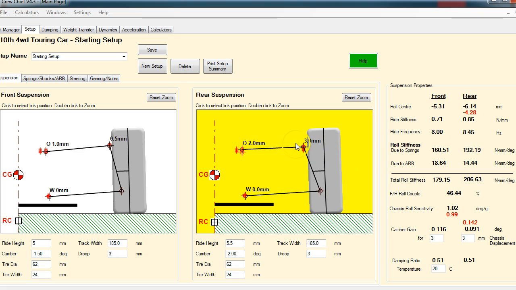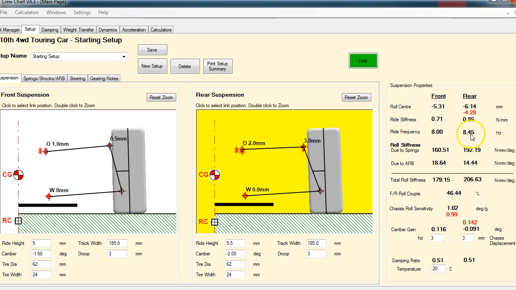The other thing that you need to keep in mind is that you can't make a change in one area without affecting something else. So by doing that, we have lowered the roll center, we have decreased the chassis roll sensitivity, which we'll talk about in a minute, and we've also decreased the amount of camber gain that we're going to have.